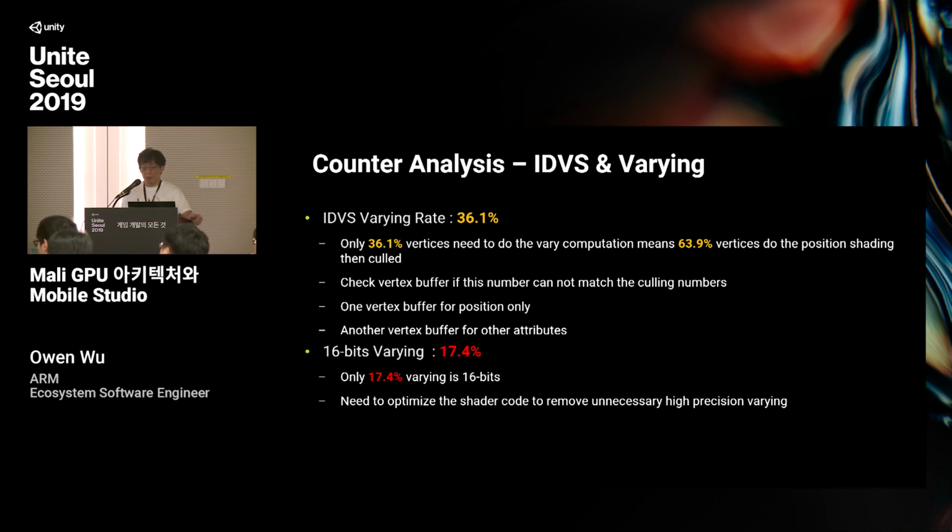Remember, 16-bit varying interpolation is 2 times faster than 32-bit varying. So we suggest the developer use 16-bit varying whenever possible. In this case, the developer needs to look into the shader code and optimize it by removing unnecessary 32-bit varyings.